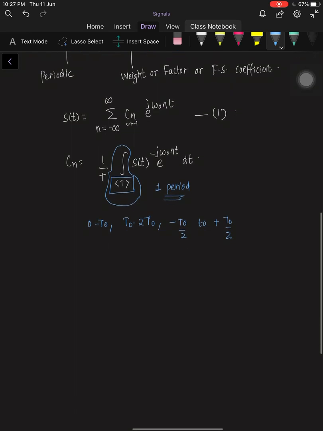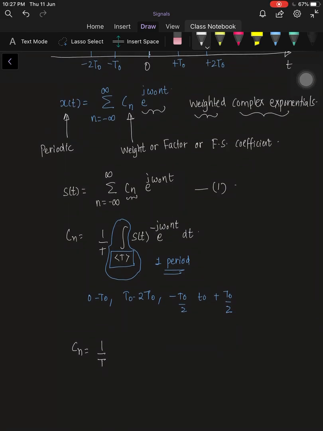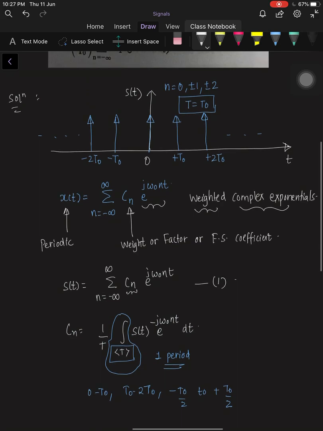So Cn will be 1 by T. Now we know that for any continuous signal, the information under it is represented in one period. If I want to convey the information of S of t in one period, I will take 0 to t naught, but this doesn't make any sense because at 0 we have an impulse and at t naught we have an impulse.